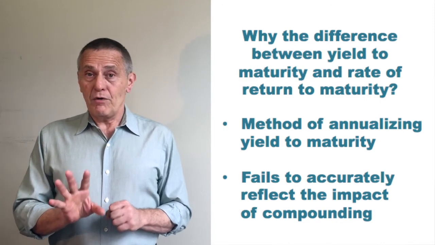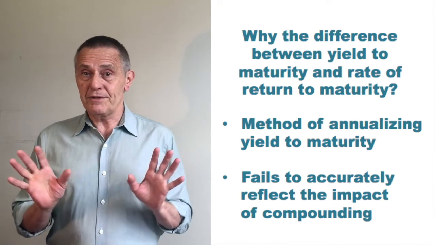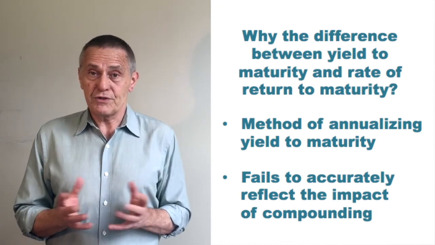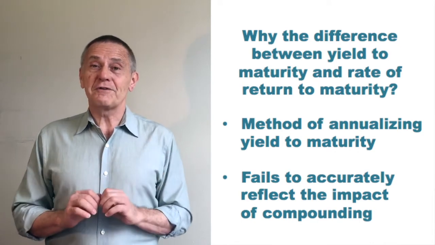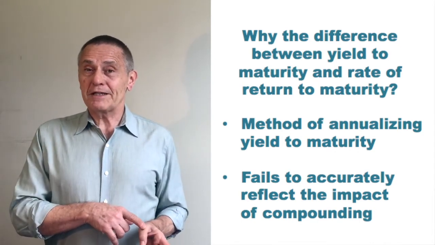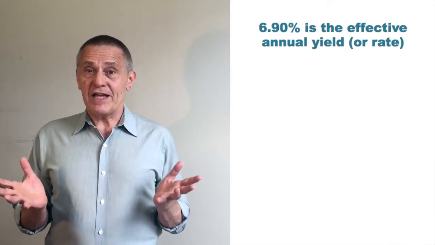Now you might say, oh, but that misses the impact of compounding, which was captured in the 6.9% value that was just determined. And note, for aficionados among you, some might recognize the 6.9% as the effective annual yield.